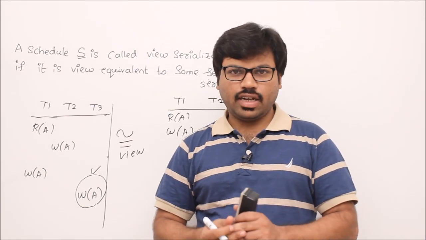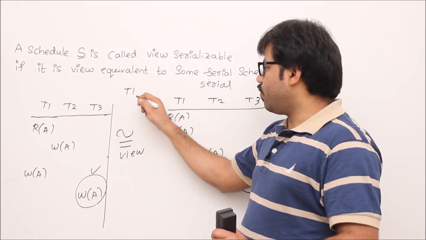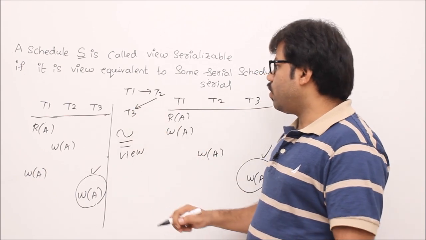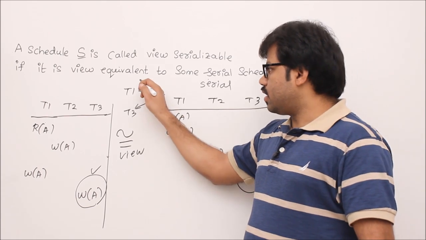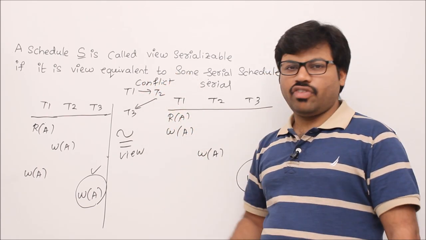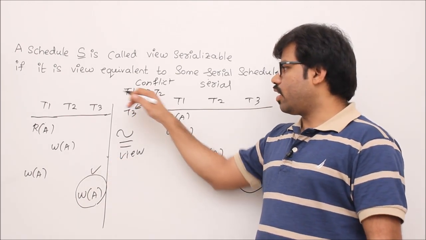But for conflict serializability, once you get this kind of graph, T1 to T2, T2 to T3, this is the conflict precedence graph. We know the conflict precedence graph, right? Say you have a schedule and you got this conflict precedence graph.